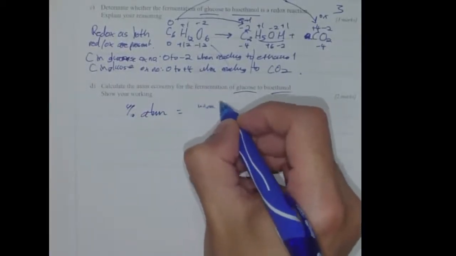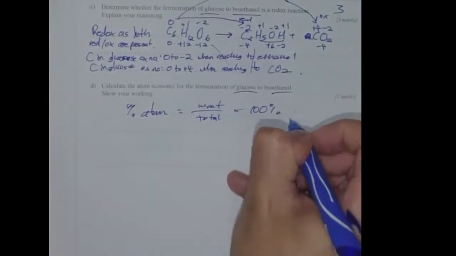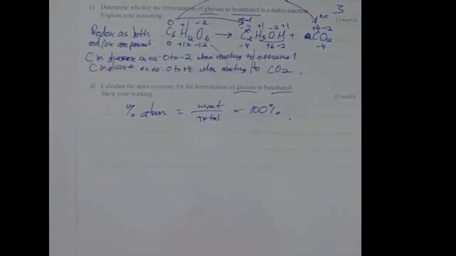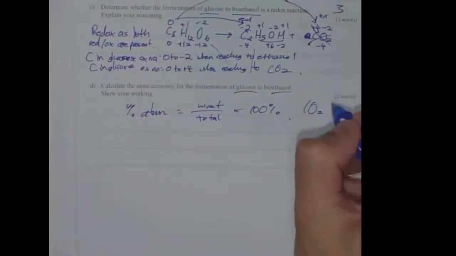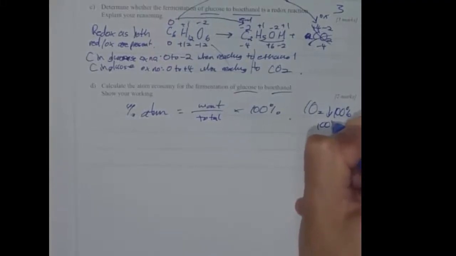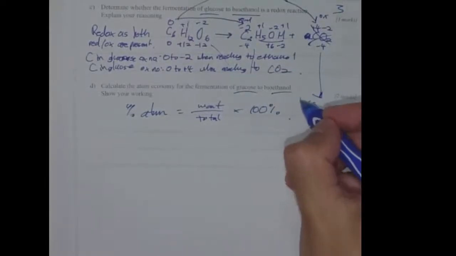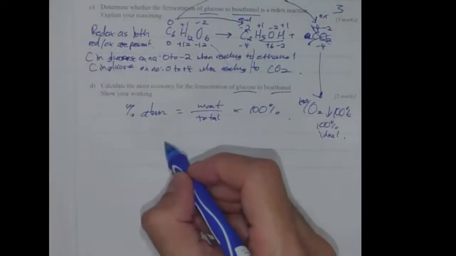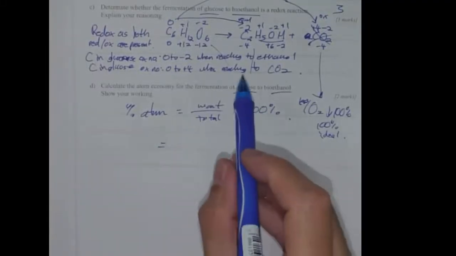So it's what you want over the total times 100. And you've lost CO2 in this, so that's gone. So that's less than 100%. 100% is ideal. So it's going to be a calculator error issue, no doubt.